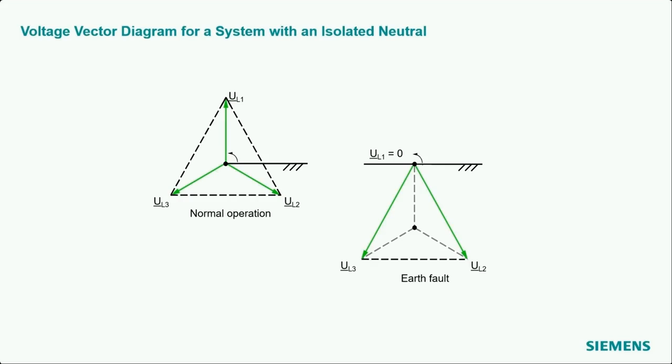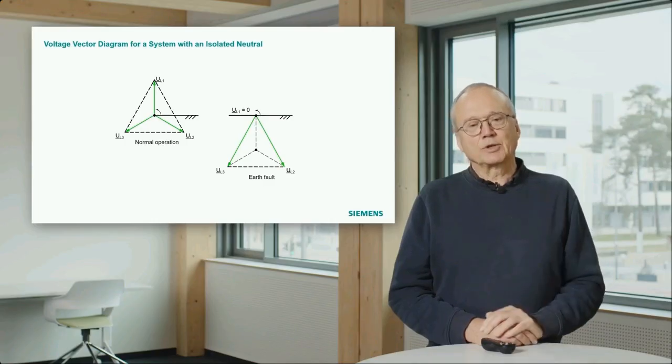Although the star point is not connected to ground in normal operation, it basically has ground potential as long as these capacitors are identical. That means, for instance, if you are in a cable system, the capacitors are really identical, there's no big asymmetry in it, then the potential of the star point is nearly ground potential.